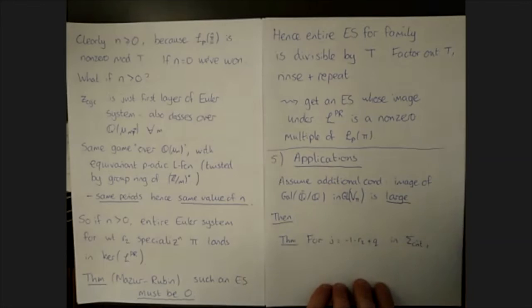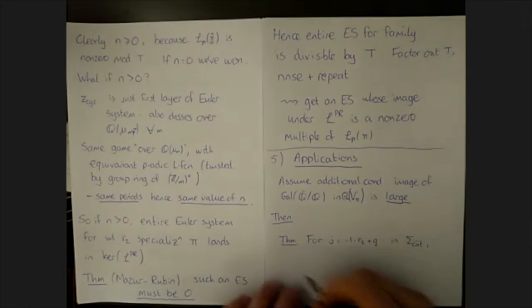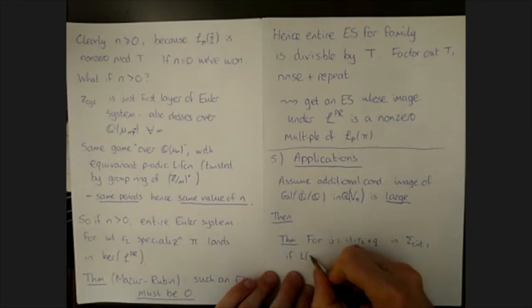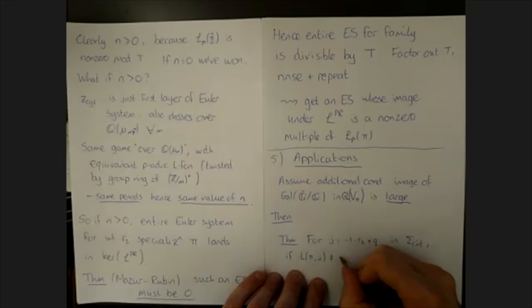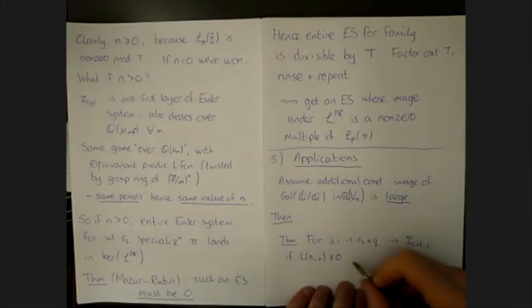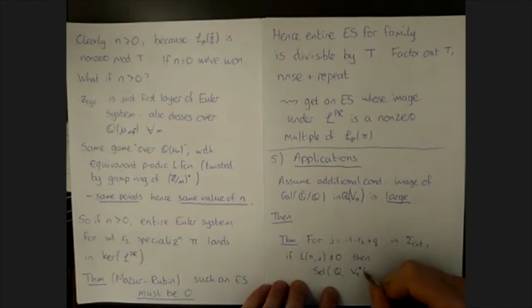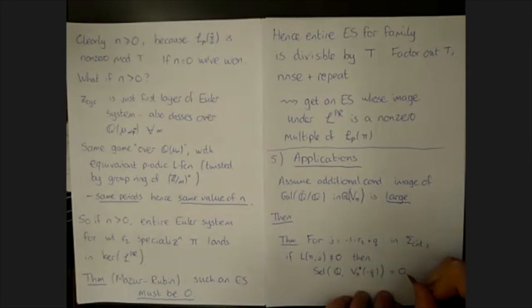And the theorem is that if you take a j in the critical range, if L(pi, j) is not 0, then the Selmer group over Q of V_pi^* (-j) is 0.